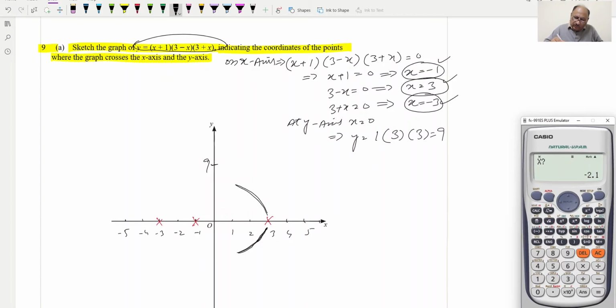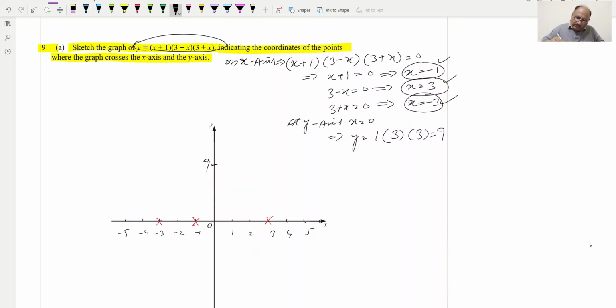Going up means it will be going up and crossing this 9, maybe going like this and crossing this. So that maximum point also we need to figure out.